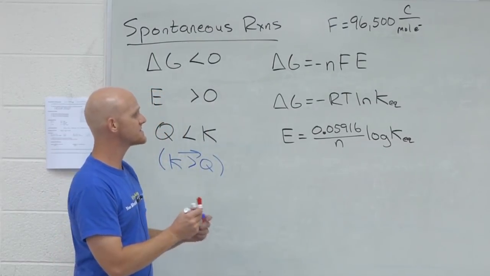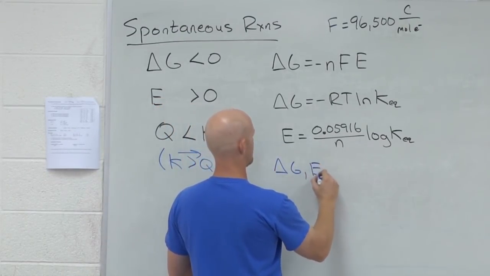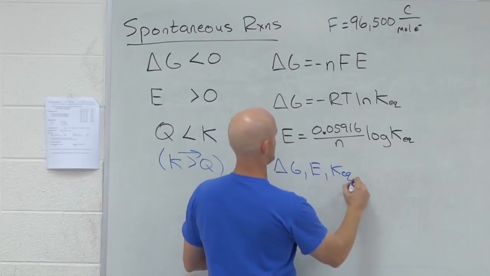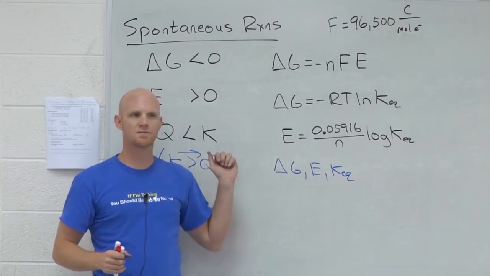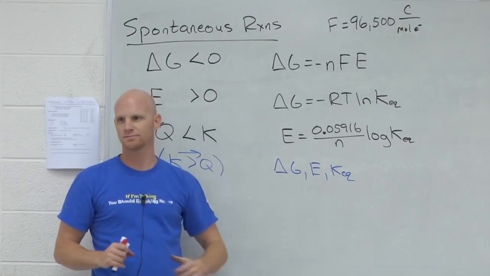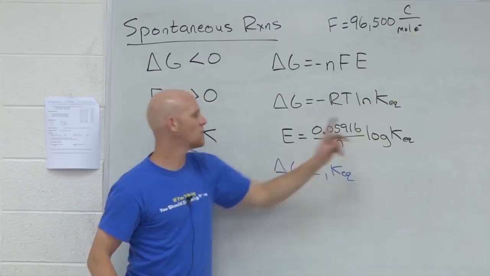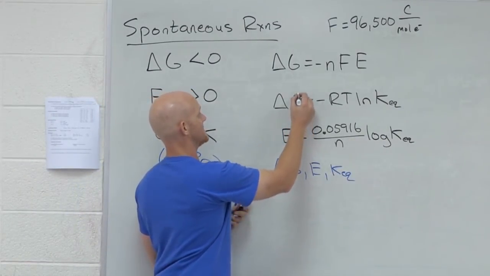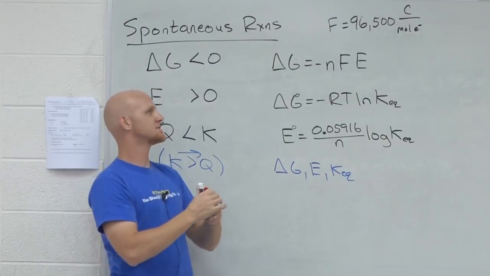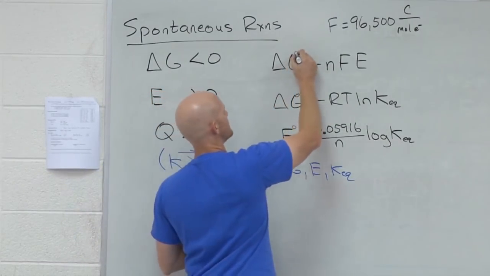So here's the deal. There's 3 equations here, and there's 3 questions that I could ask you. I can give you any one of these 3 and expect you to be able to calculate any of the other 2. If I give you K, then I can say what's E. And technically, that's my bad. This is E standard and delta G standard. The top one could be standard or non-standard, either way. I'm just going to put them standard for the fun of it.